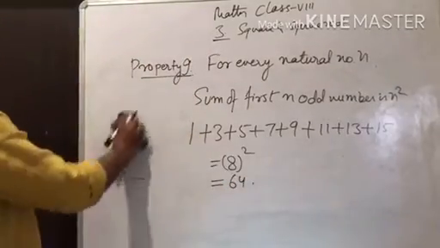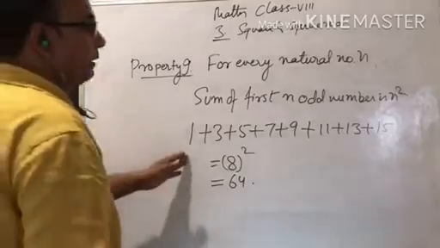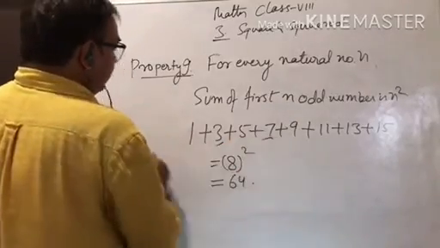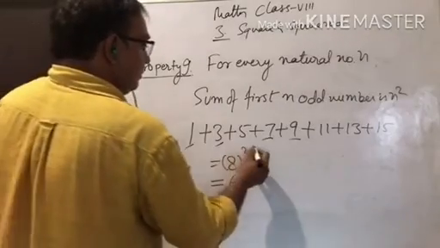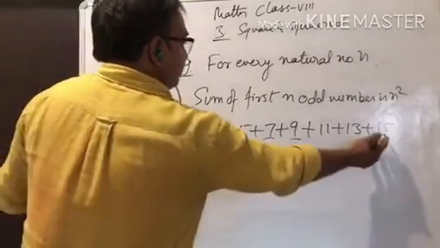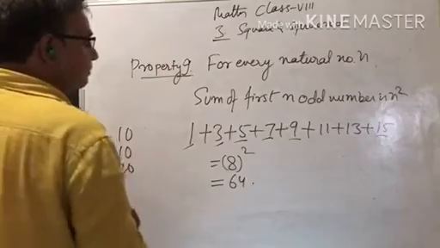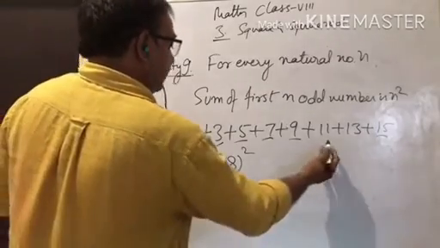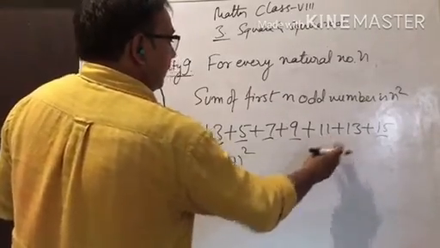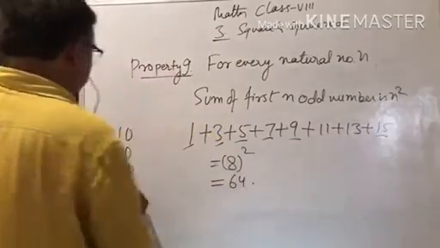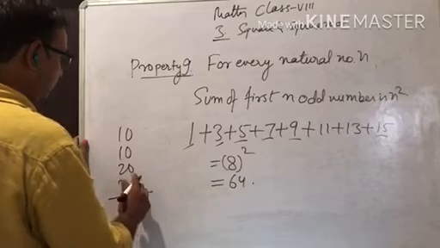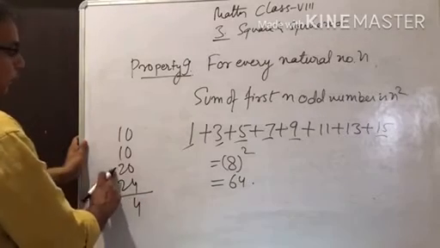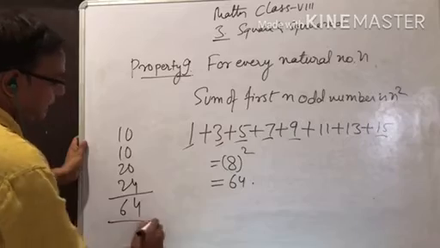And you can check by adding these numbers. You know that 7 plus 3 is 10, 9 plus 1 is 10, then 5 plus 5 is 10, and then 11, this is 24, 4 here, 2 plus 2, 4, 5, 6, it will be 64.